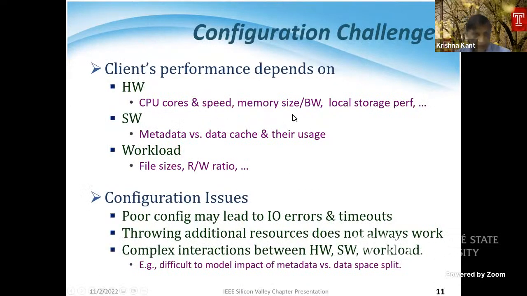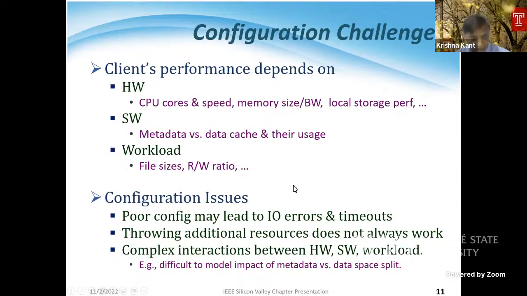Now, there are many parameters that you need to set correctly in order for this cloud storage gateway to behave well. And this includes, of course, the hardware parameters such as the CPU core, CPU speed, memory size, memory bandwidth, local storage, IO rate, and so on. Software parameters such as how much space locally you should allocate for the data, how much you should allocate for the metadata, how much you should allocate for the log, and so on.